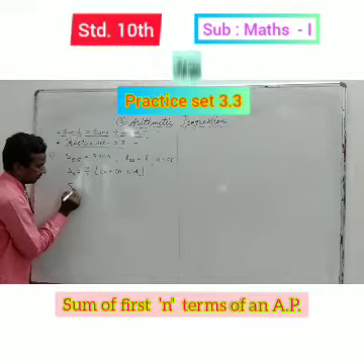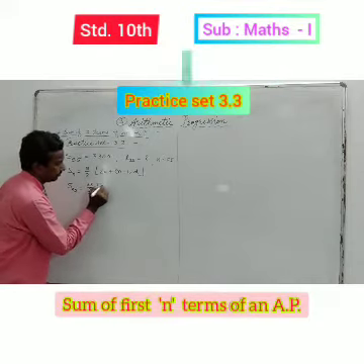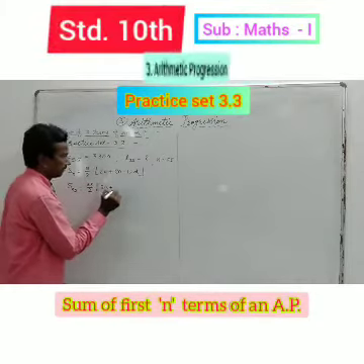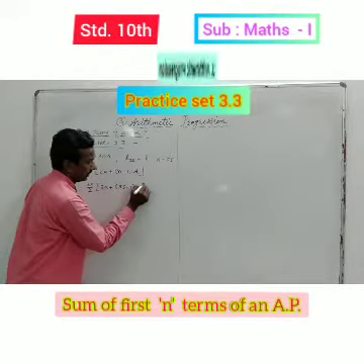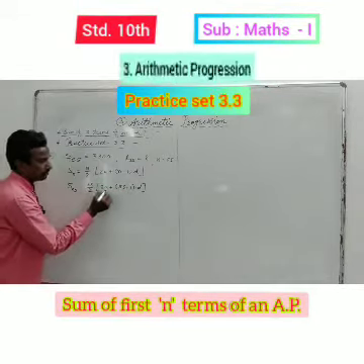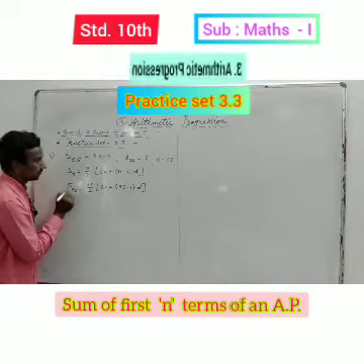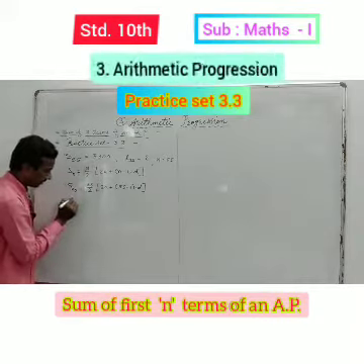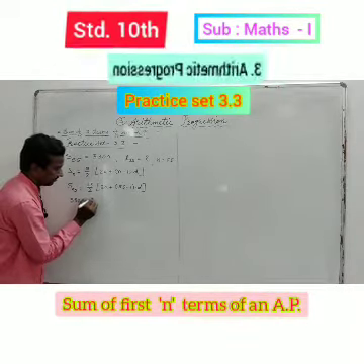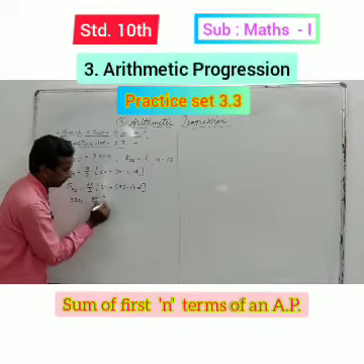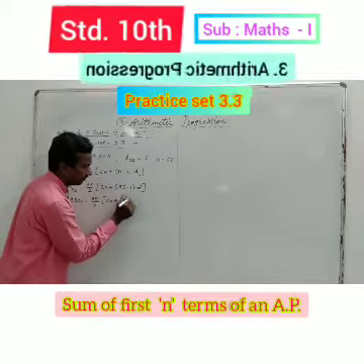Take S55 equal to 55 upon 2 into 2a plus n is again 55 minus 1 into d. We don't know the values of a and d. S55 is given, it is 3300. Therefore 55 upon 2 into 2a plus 55 minus 1 is 54 into d.